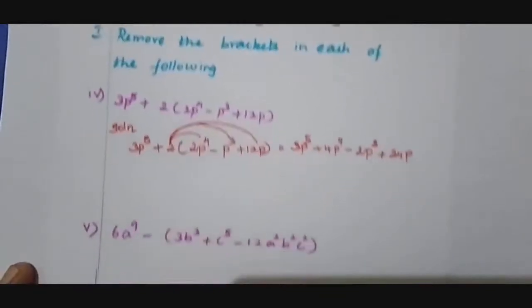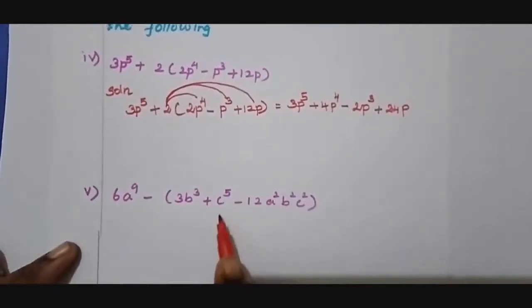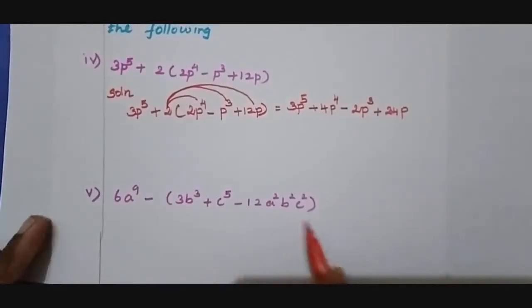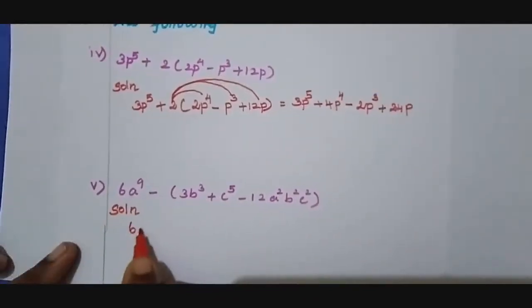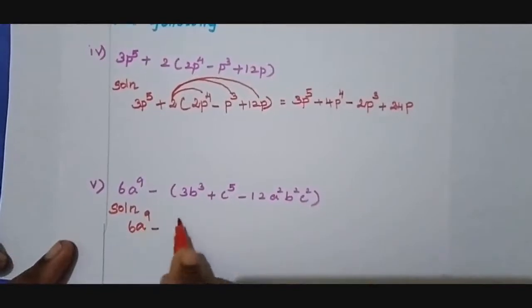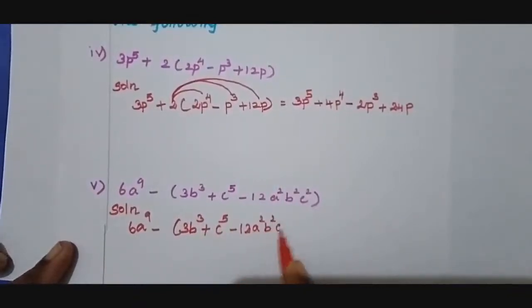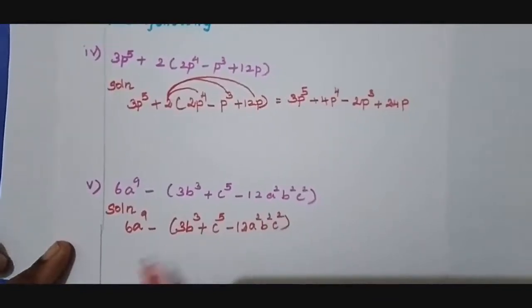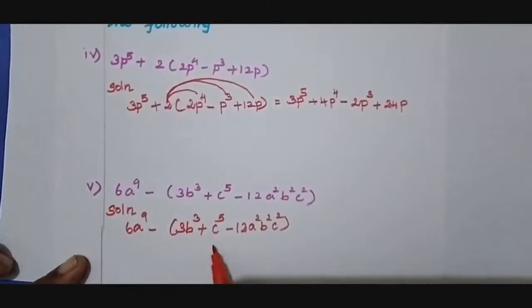The next one is 6a power 9 minus 3b cube plus c power 5 minus 12a square b square c square. Here the bracket is preceded by the negative sign. Yes.